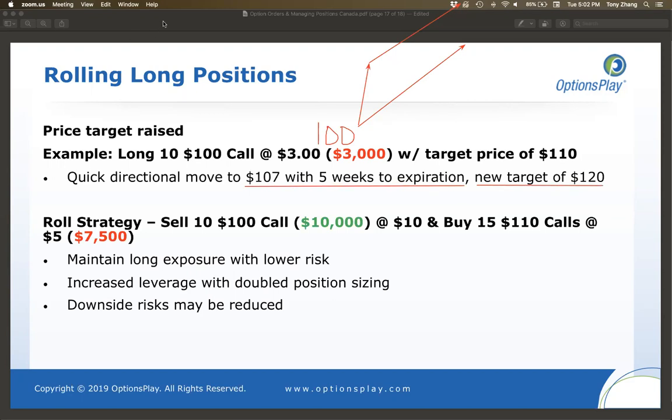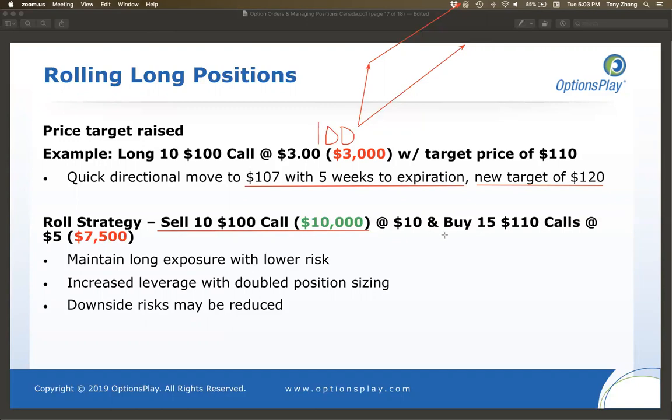This is, again, a good scenario to be in, but how can you protect your profits? How can you leverage yourself for additional upside? Originally we bought 10 contracts of a 100 strike call for $3. Now we're going to sell the whole position, all 10 contracts. Let's say they're trading at $10 now, so we're going to collect $10,000.